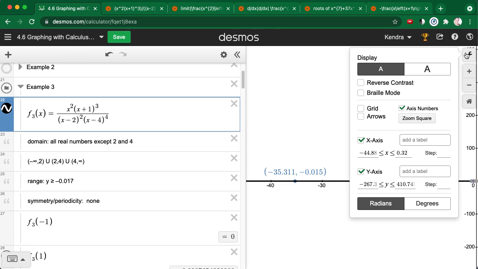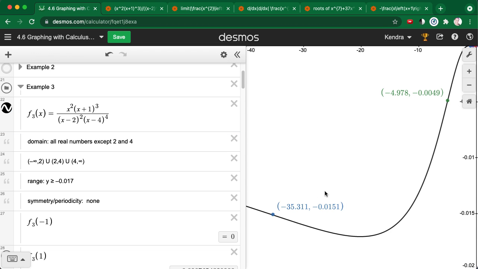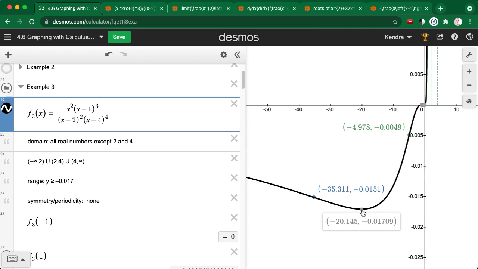So if I was to suss that out, I would want y to go from -0.02 to 0, say. And this gives me a little bit better picture. In this picture, I can see that local minimum value. And I can also see how I have that concavity change here.